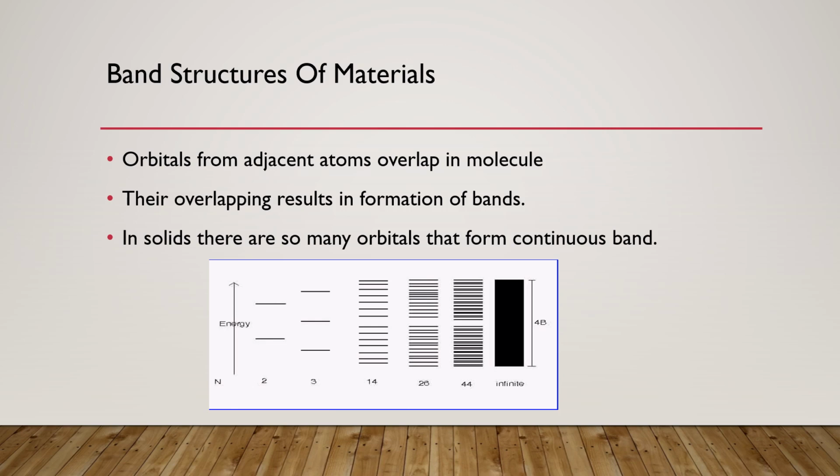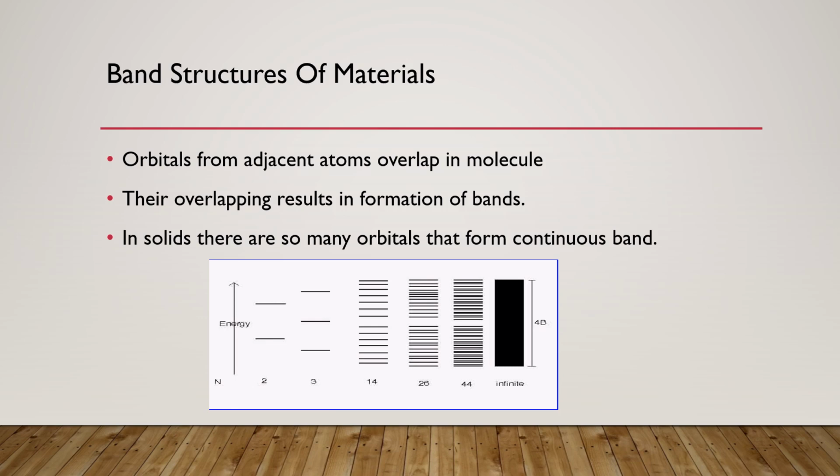And as the number of atoms goes on increasing, the number of orbitals also goes on increasing. On the right side of the figure, you can see a black band, which means that there are so many orbitals that they appear like a band.